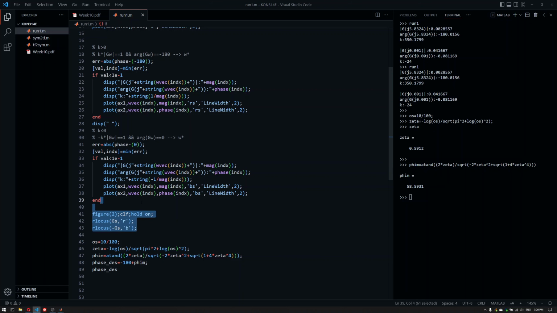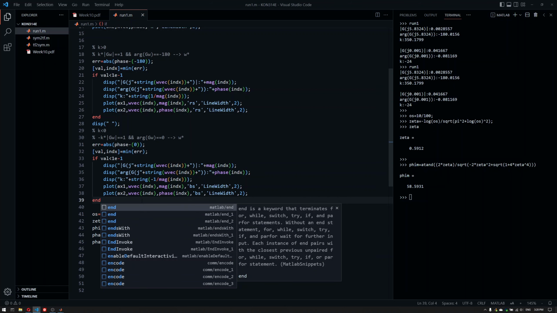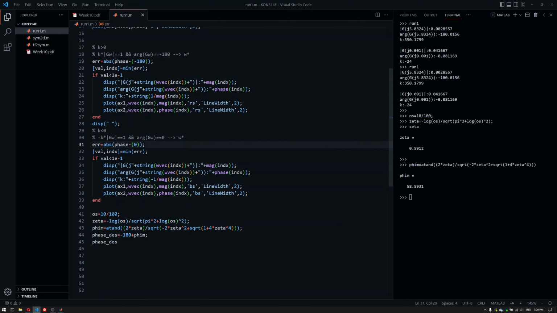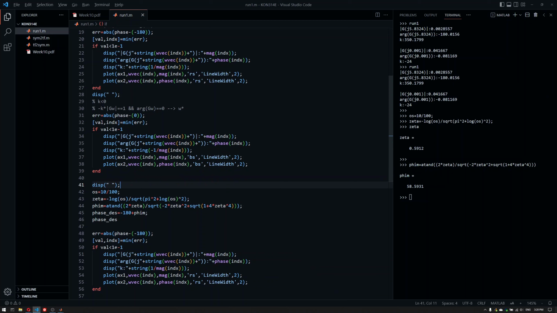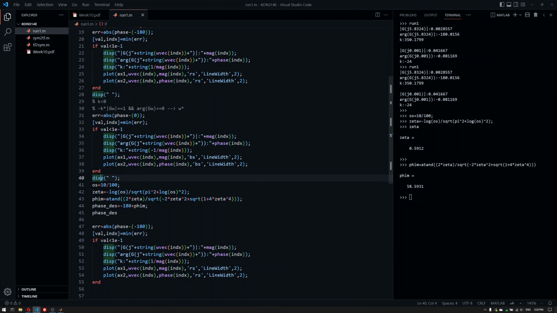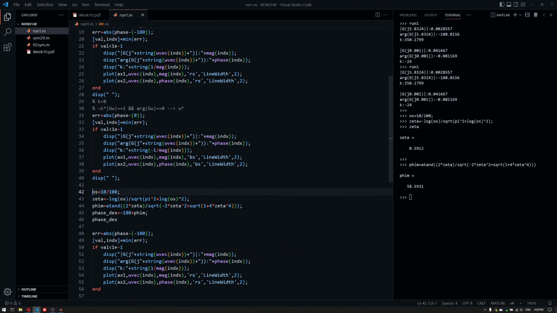Let me get rid of this root locus here, and let me just copy this part here and move this one here. So there we go. We have our specifications. We get to the phase desired.